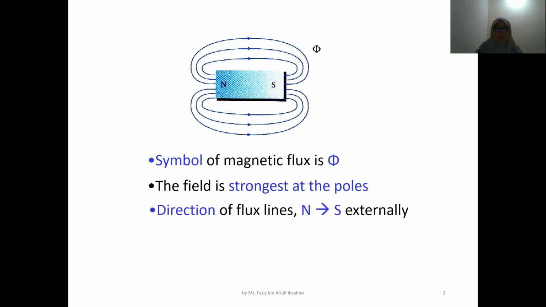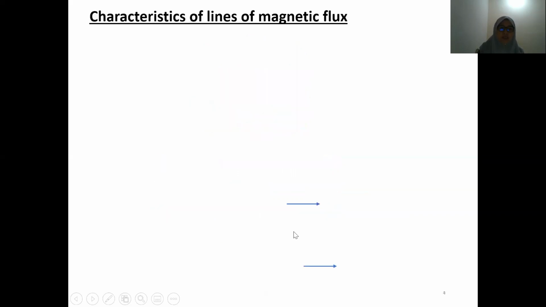The direction of the flux lines is from north to south externally. If you see here, the arrows of the flux come from the north pole to the south pole. The flux lines never cross; they never intersect each other.